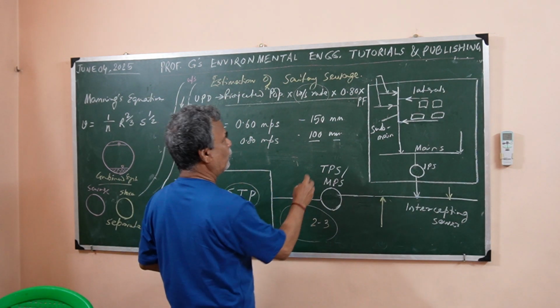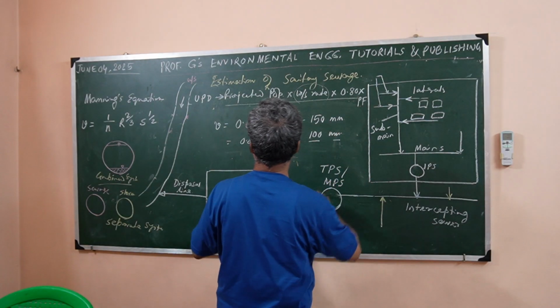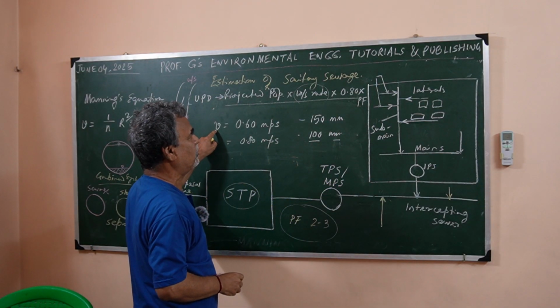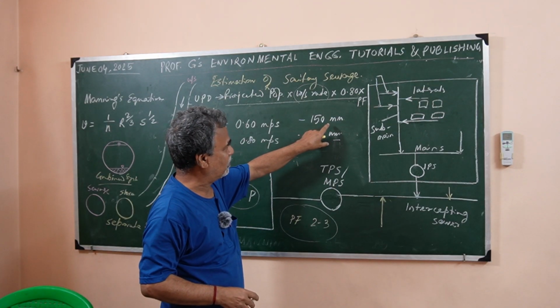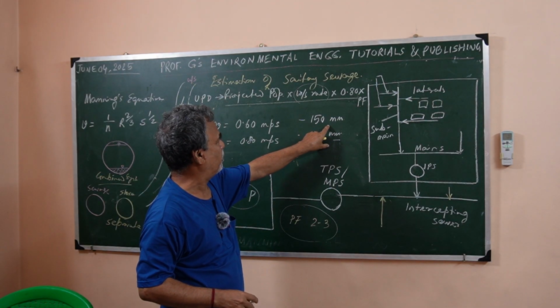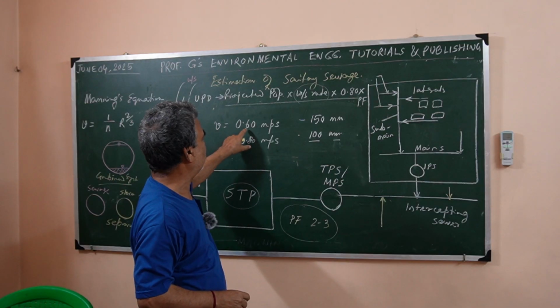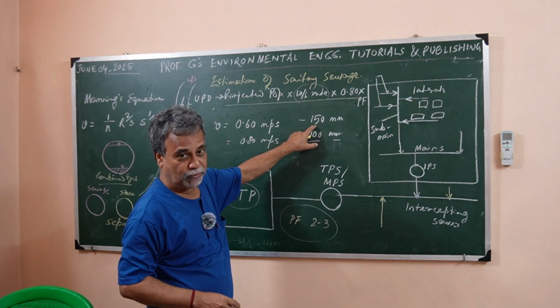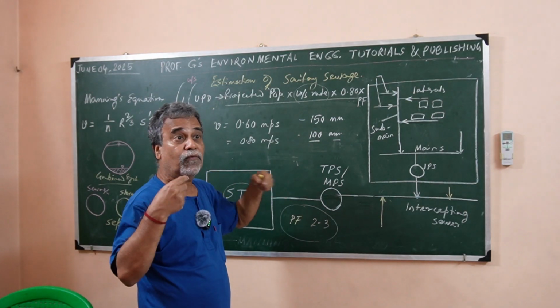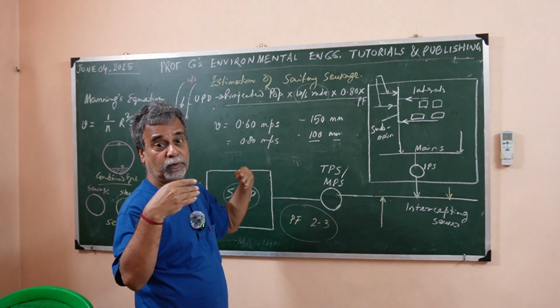While doing that, if the velocity resulting from this pipe diameter is less than that, then you have to provide the minimum diameter. But in that case, time to time flushing would be there.